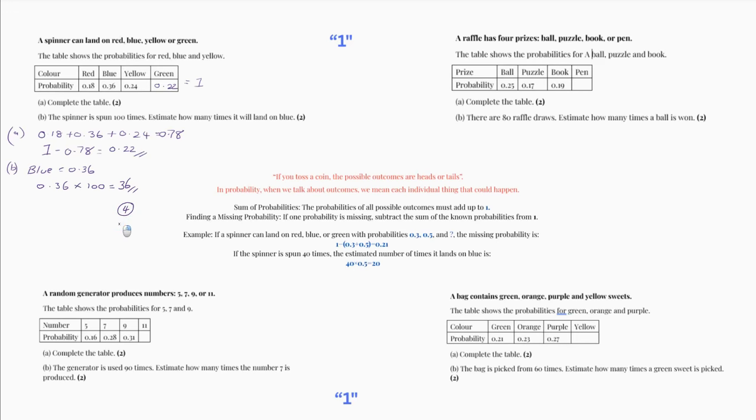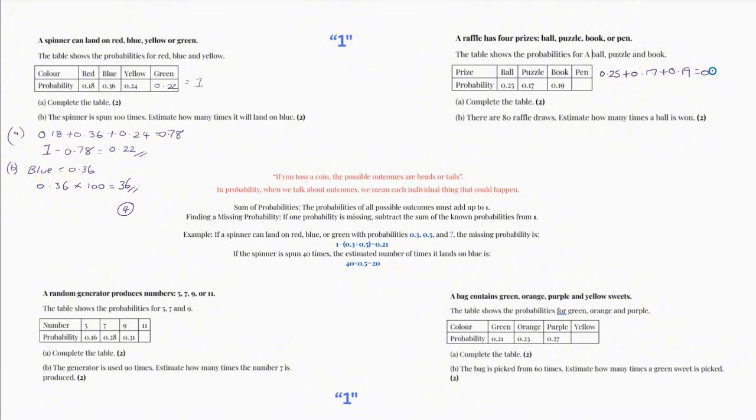How about that? The second question: a raffle has 4 prizes, a ball, a puzzle book or pen. Complete the table. So doing exactly the same, we've got 0.25 plus 0.17 plus 0.19.